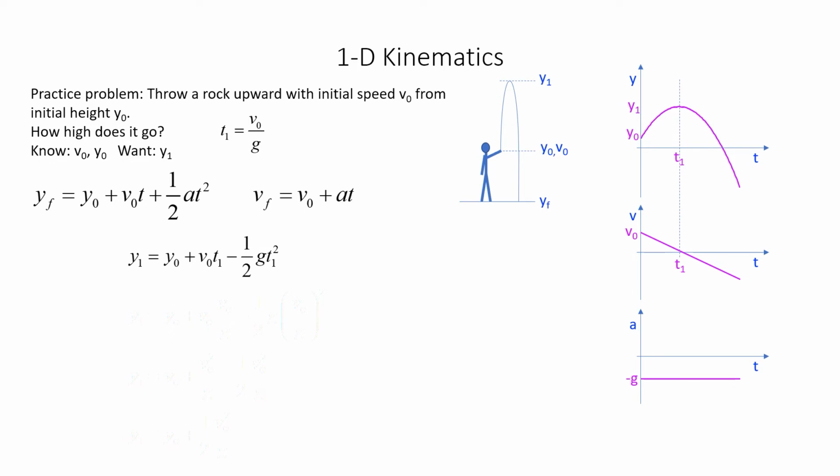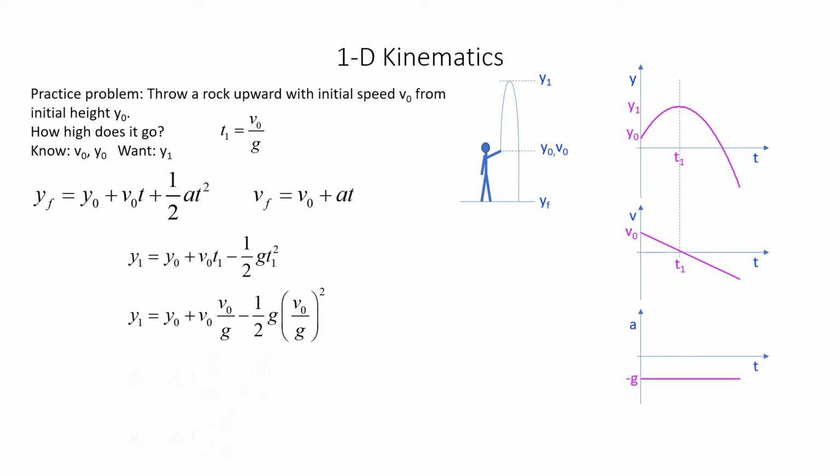I'm going to start by specifying my position function for this particular case of the problem. So my y final here is y1, my y0 is still y0, plus v0 t1, because I'm talking about t1, and then the acceleration is negative g, so I have a minus a half g t1 squared.